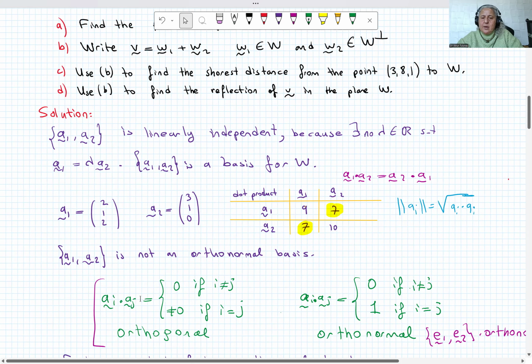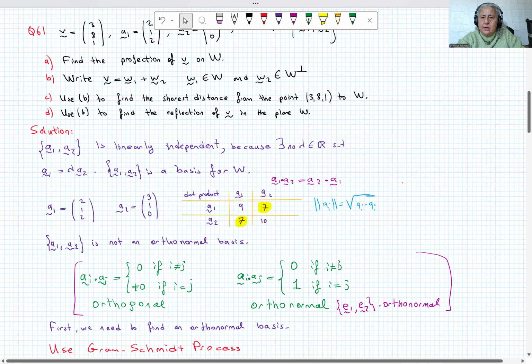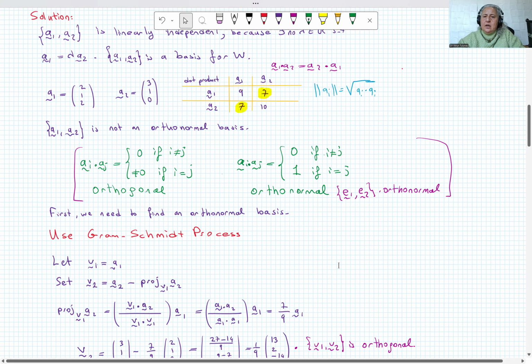If I take the dot product of a vector by itself, I should get a number. That's orthogonality. And if the length of those vectors is 1, then I have orthonormal. For example, E1 and E2 are orthonormal bases. They are perpendicular to each other and also the length is 1.